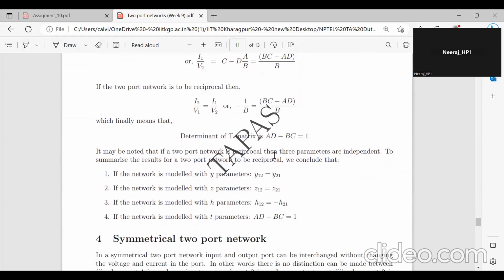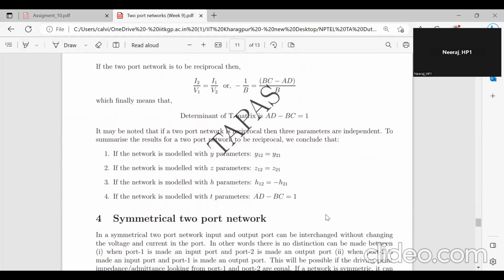So they have summarized all which they have found, and they have found out that for the network to be reciprocal, Y12 should be equal to Y21 and Z12 should be equal to Z21, whatever parameters we consider. Similarly, H12 should be equal to minus H21 and AD minus BC should be equal to 1. So this is for reciprocal networks. So any doubts in reciprocal networks?